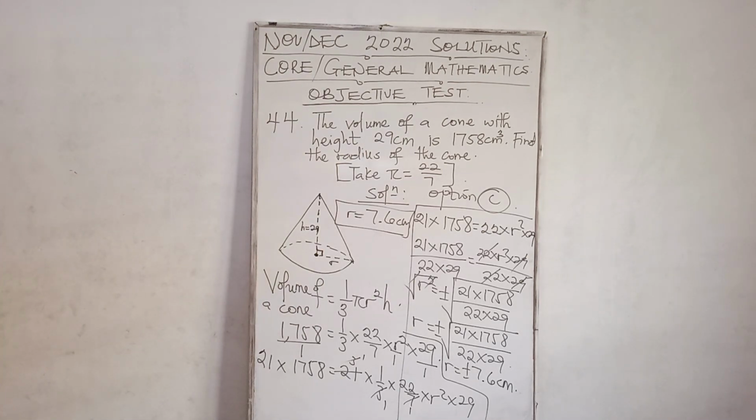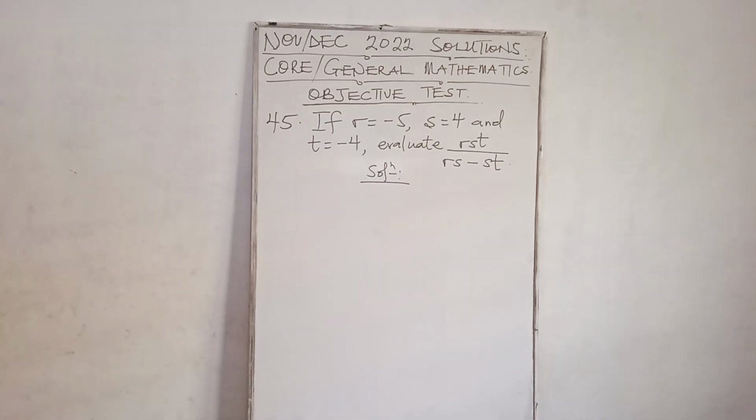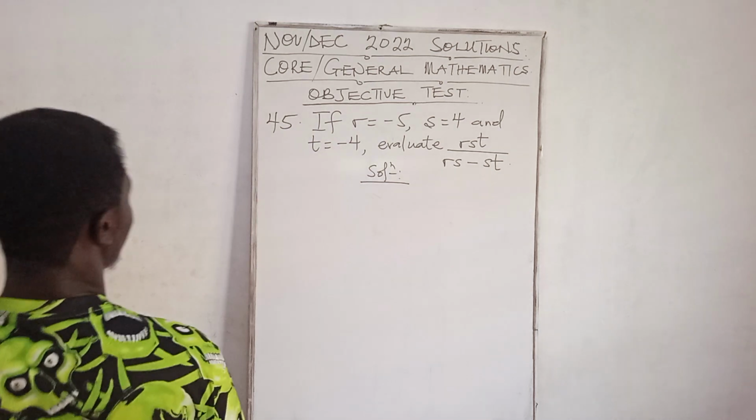So let's solve our last question, which is 45. So question 45, which is just substitution. If r equals negative 5, s equals 4, and t equals negative 4, evaluate rst divided by rs minus st. Now, rst is multiplying, which means r times s times t.